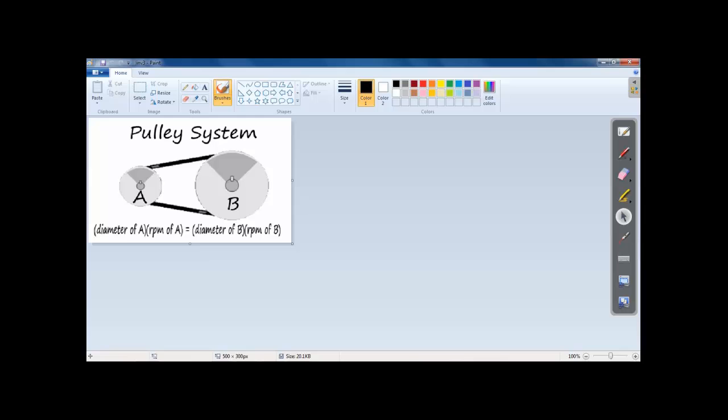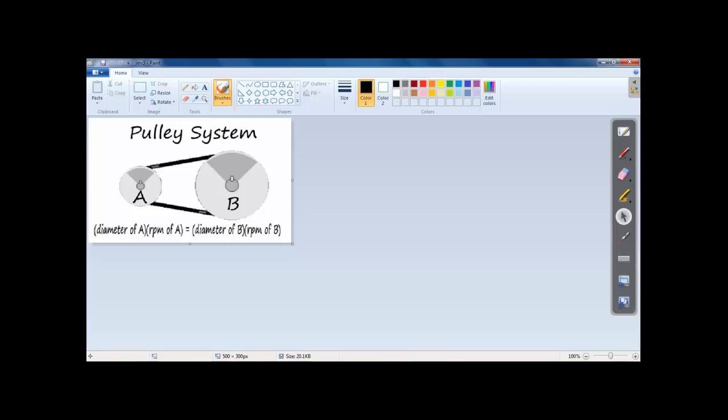We have two pulleys connected together. A large one turns at a speed which we call RPM, number of rounds per minute, and it turns a smaller pulley which also has its speed in RPM.